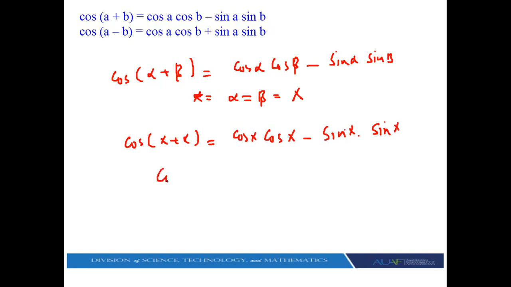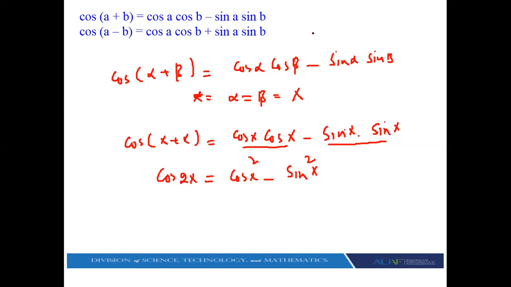So we have cosine 2x equal to cosine square x minus sine square x.